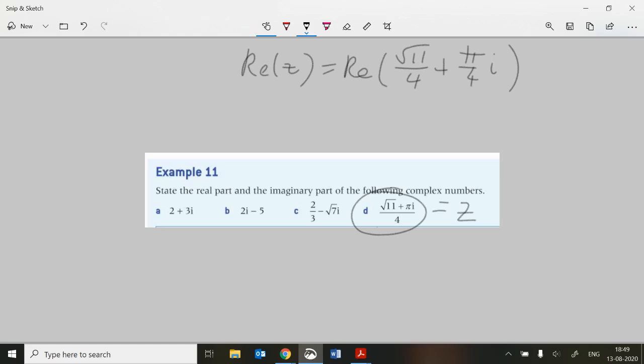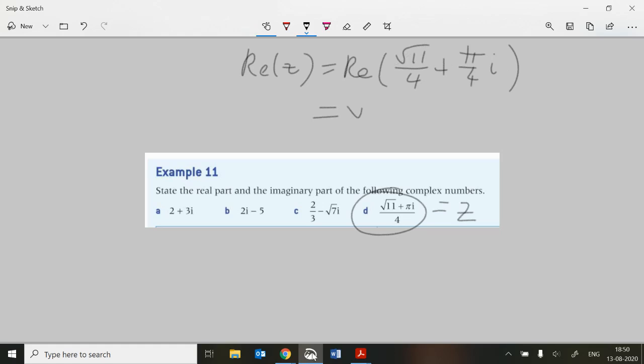So the real part there is not this part here. It's not the coefficient of i, and of course, if you've forgotten, i is equal to square root of -1, this thing which can't be done. Okay, so the real part of this is just this part here. This part is imaginary, this part is real.